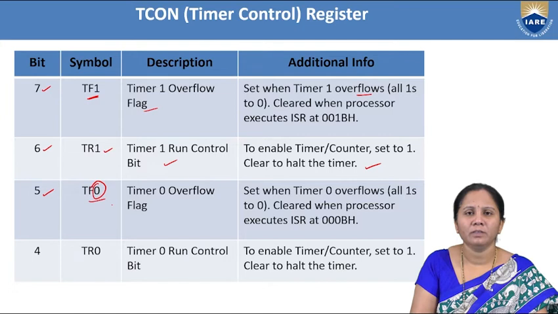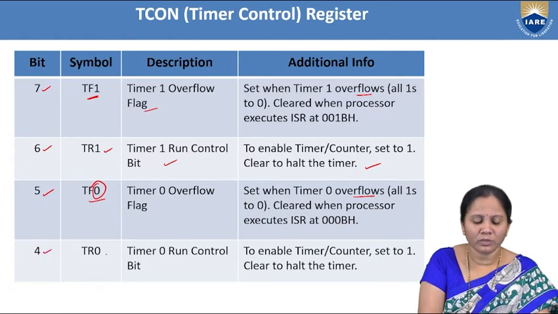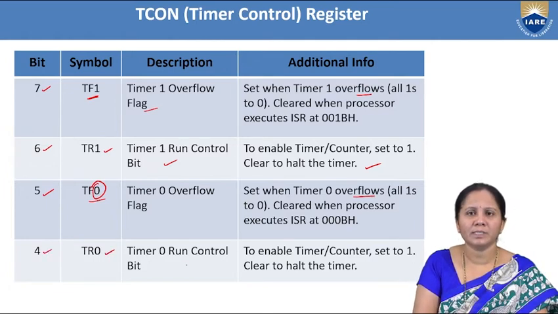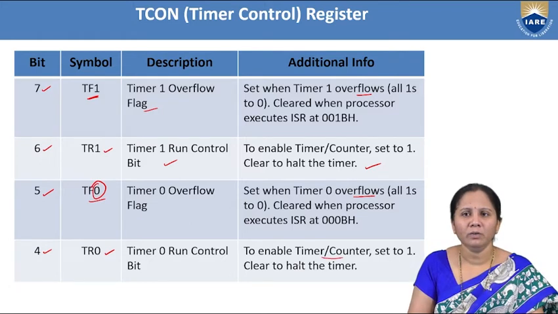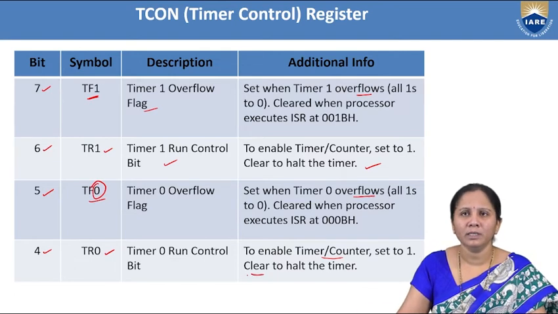This TF0 bit will be set when timer 0 overflows. And the 4th bit is TR0, which represents the timer 0 run control bit. This bit is set to 1 to enable the timer counter, or cleared if you want to halt the timer.